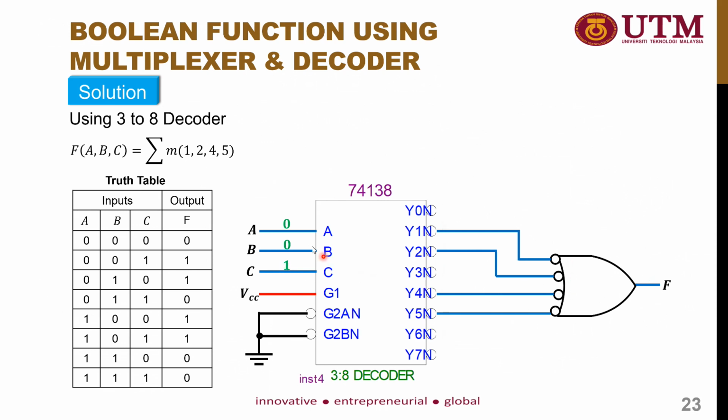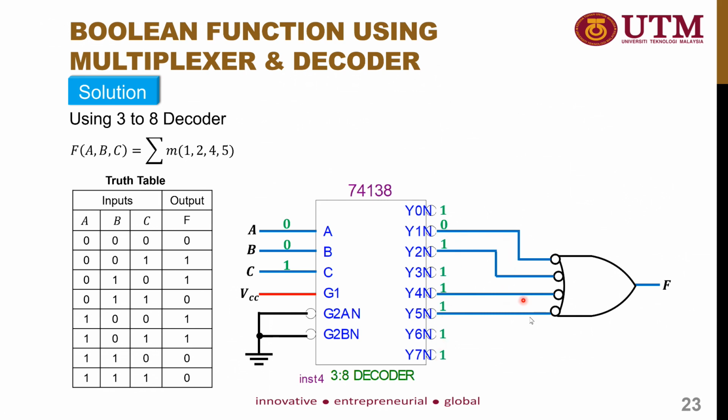So next example, when A is equal to 0, B is equal to 0, and C is equal to 1. So for this type of expression, y1n will be activated, and it will become 0, and the other output pins will become 1.